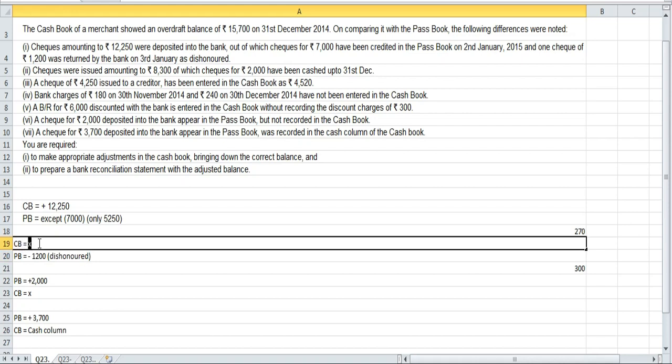By 1200, because you have recorded that you deposited 1200.